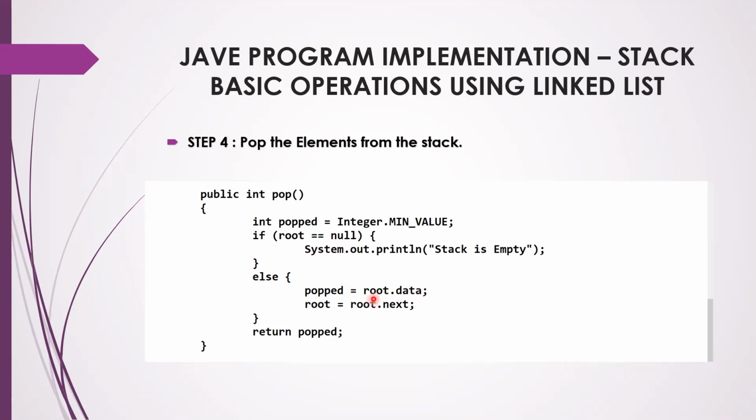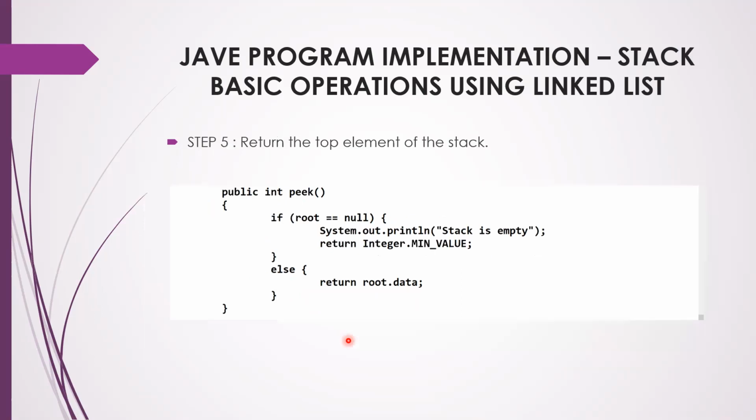So if the next field is pointing to address 20, and 20 holds the next element, that is 5, then after popping, it will point to address 20, which has the data 5, and that will be the top node now. That top node is called the root node. If you want the peek, just call root dot data. So instead of using top, I have used root. That's the difference.